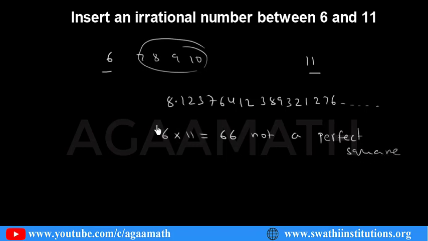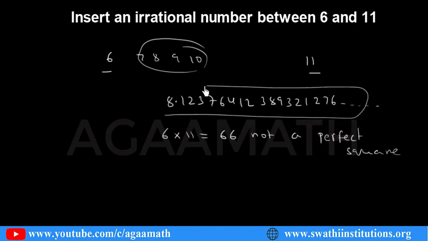This is one more method which I would like to explain instead of the way we were doing. Whenever two positive rational numbers are given and their product is not a perfect square number, then the square root of 6 into 11, that is the square root of 66, is an irrational number which lies between 6 and 11. So this is one more method.